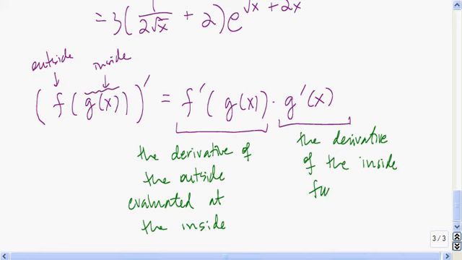Okay, so that right there is the chain rule.